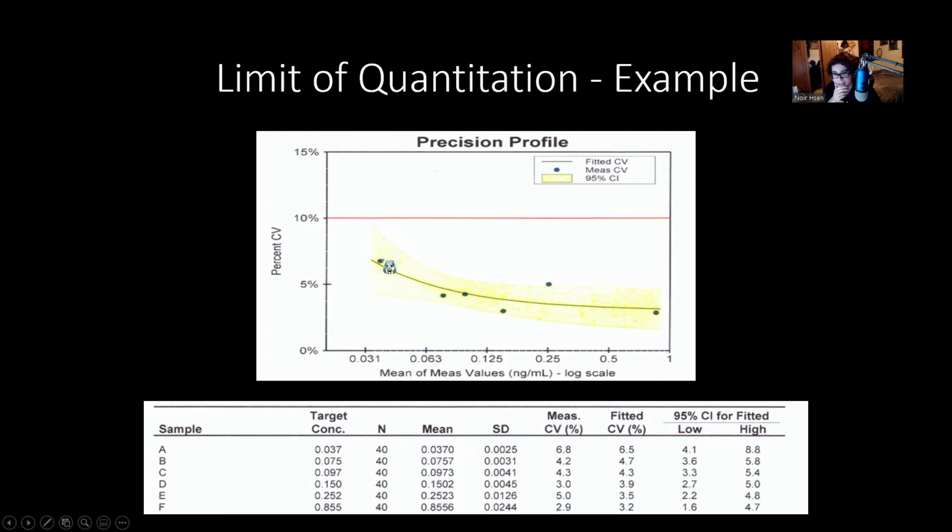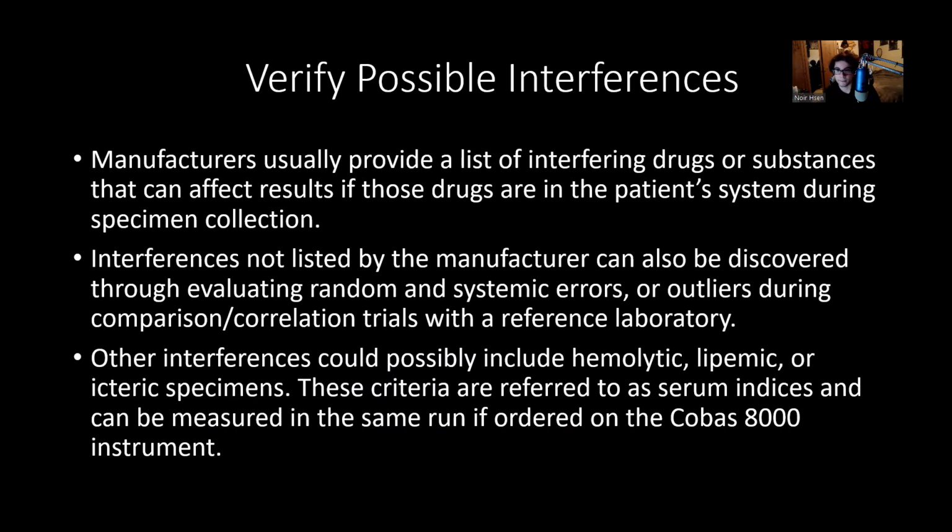And see how the sensitivity is going, and we have 0.037, 0.0757 as the cutoff. It's the lowest concentration that can be measured by the instrument, and this is the limit of quantitation, and so sensitivity. How low of a concentration can this instrument detect? And I'll go over why that's important soon.